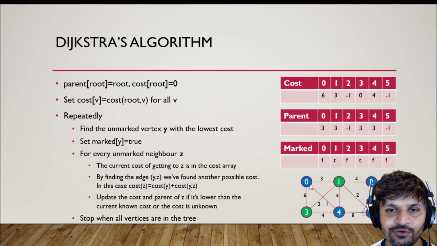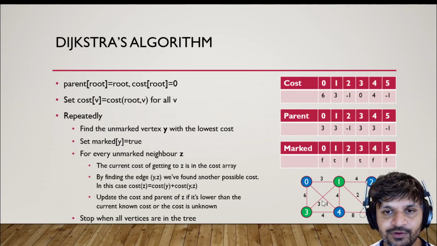So what I want to know is, is that cheaper than my current estimate of getting to vertex 0? By adding vertex 1, I want to see if it leads to any cheaper paths than the ones I found before. So I find the edge yz, which in this case is 1, 0, and see if we found a cost that's cheaper than the current cost.